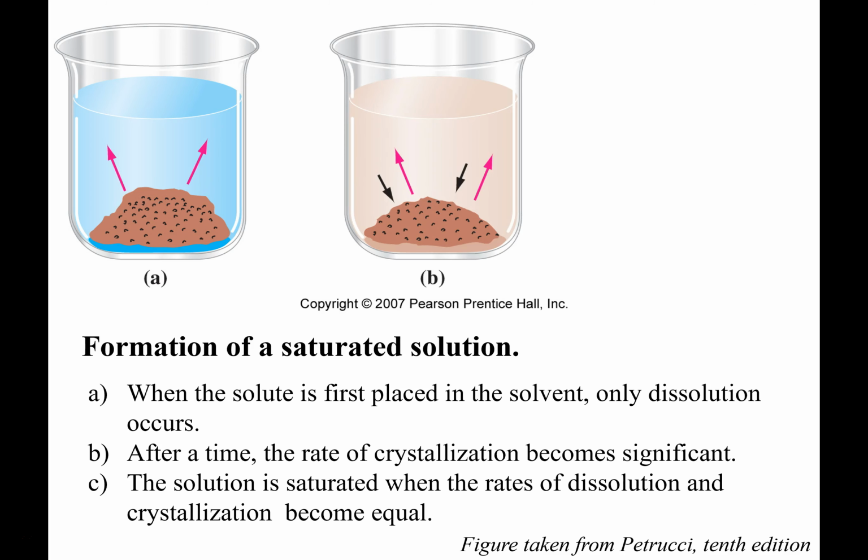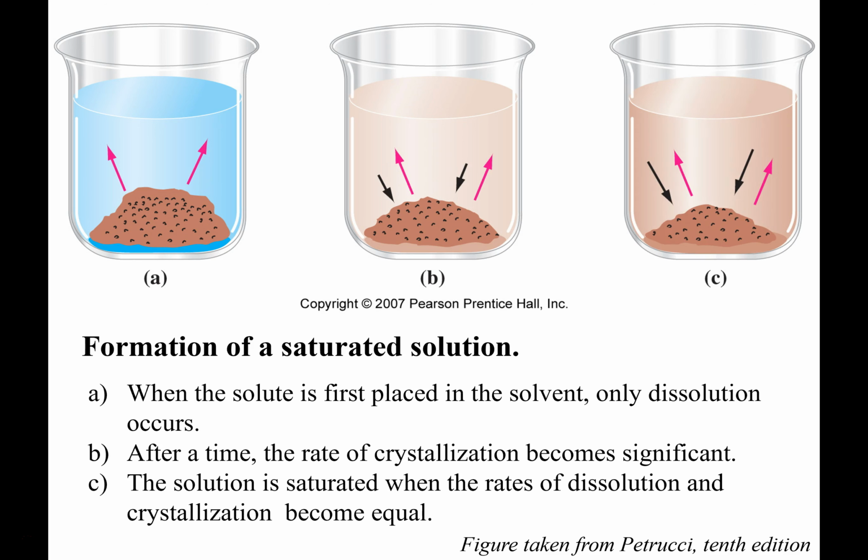Those pink arrows are dissolving, and those black arrows are the precipitating. So it's dynamic. We'll be talking more about dynamic things. It's not steady. Some go up, some come down, but not at equilibrium yet.